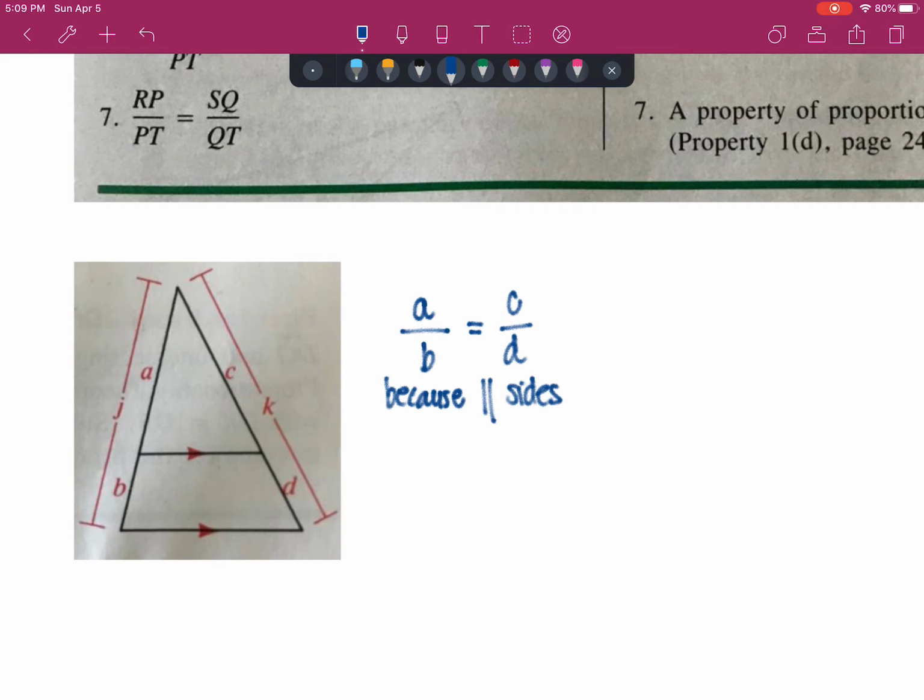So we've got that parallel line cutting through the triangle, parallel to one of the sides, intersecting the other two sides, and this is the triangle proportionality theorem.